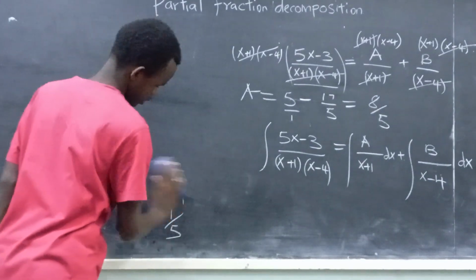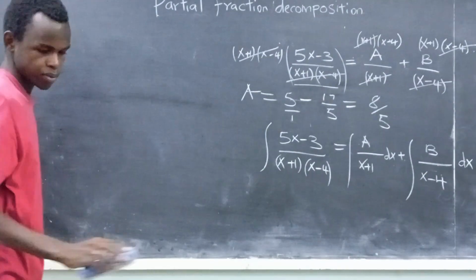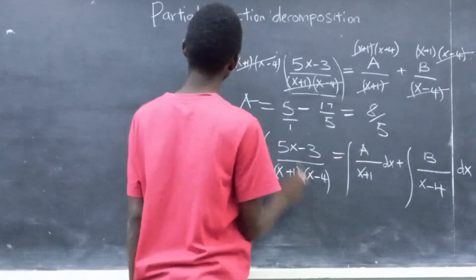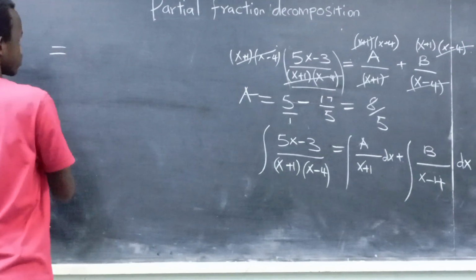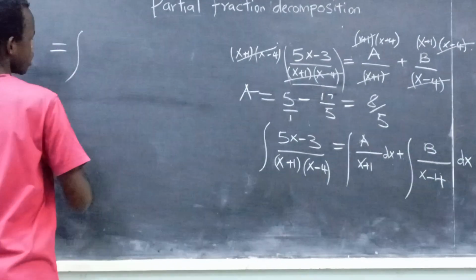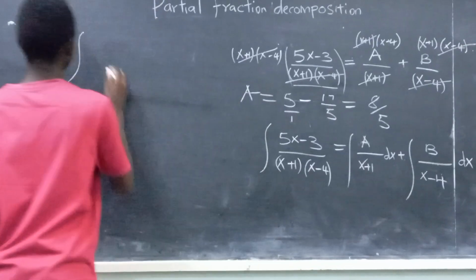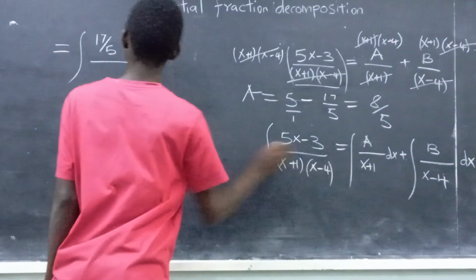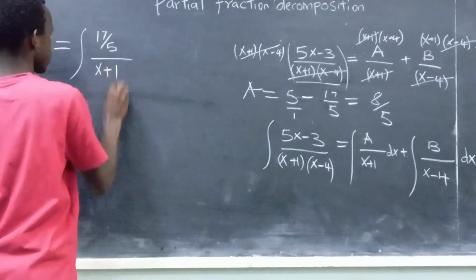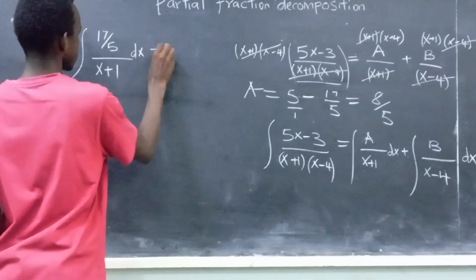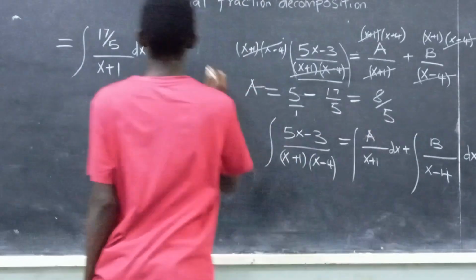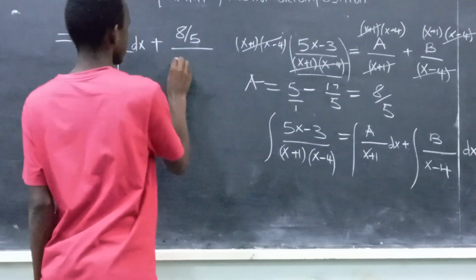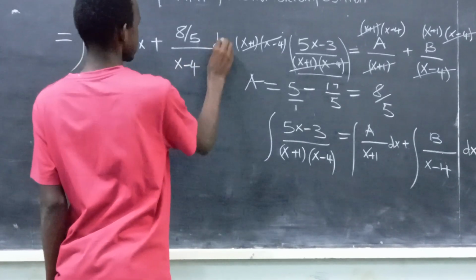So from there, just replace your values. So here I will have to integrate this part. My value of a, it was 17 over 5 divided by x plus 1, dx. Then I'll add that to what's my b? My b was 8 over 5 divided by x minus 4 dx.